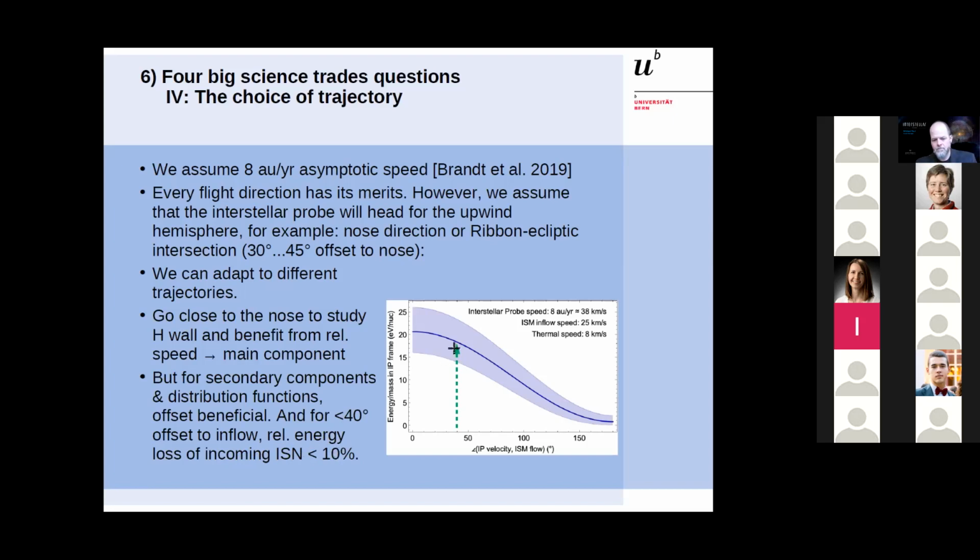Of course, it's bad for statistics, but it's not a disaster. So 45 degrees off the nose direction still looks feasible in terms of energy of the particles that we want to measure.